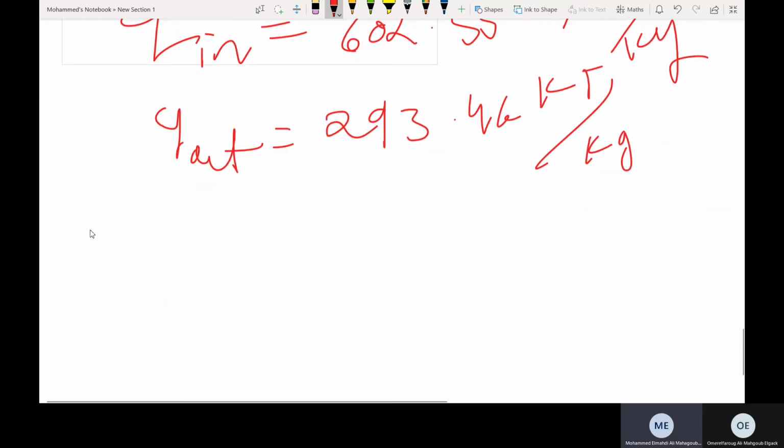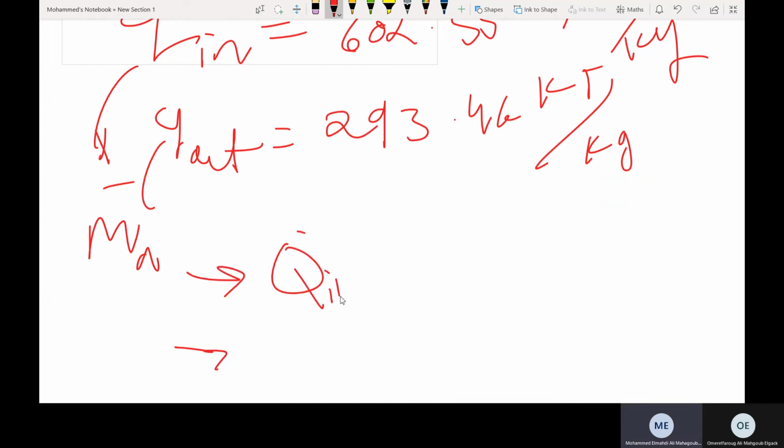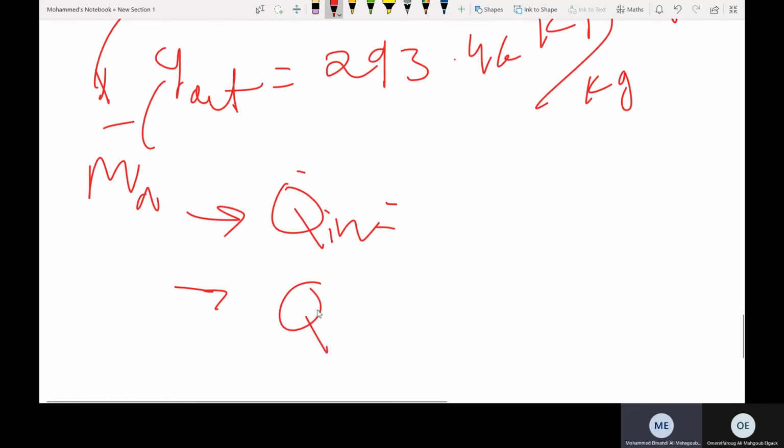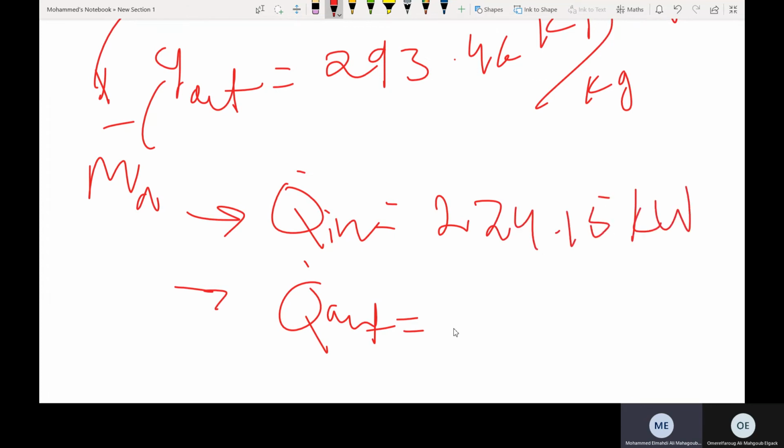Multiply both by m dot of air, which we calculated before. Here you are going to get Q dot in and Q dot out. It is now 4.15 kilowatts. Now this is the new unit for the heat rate, in kilowatts.